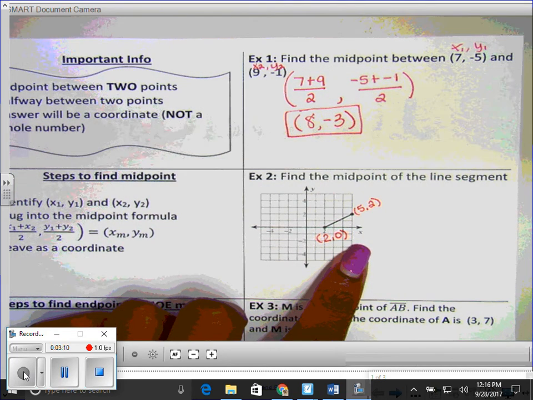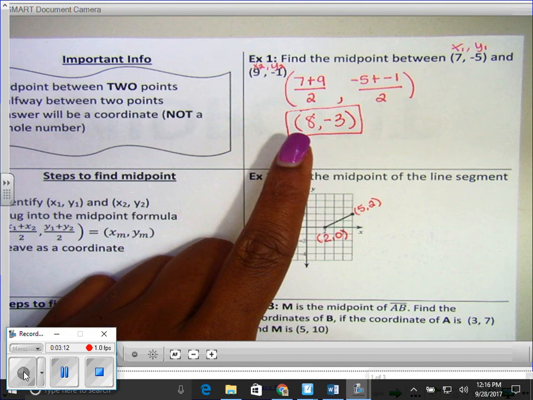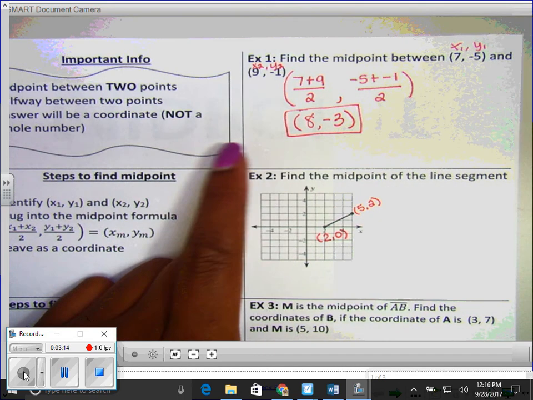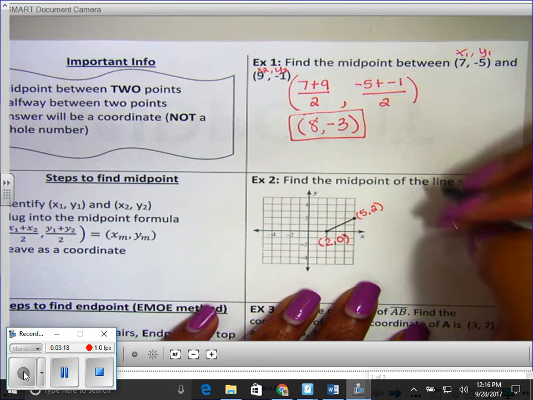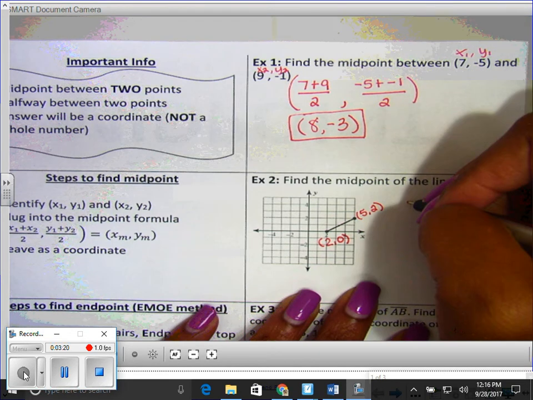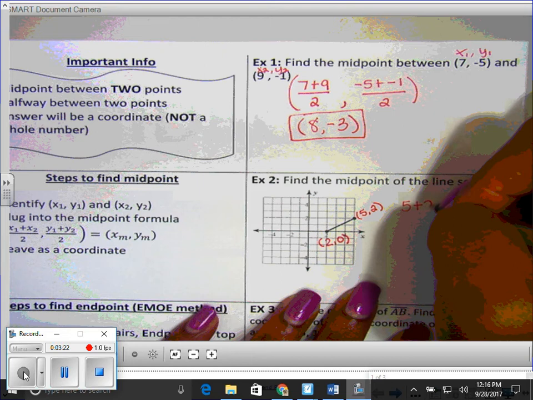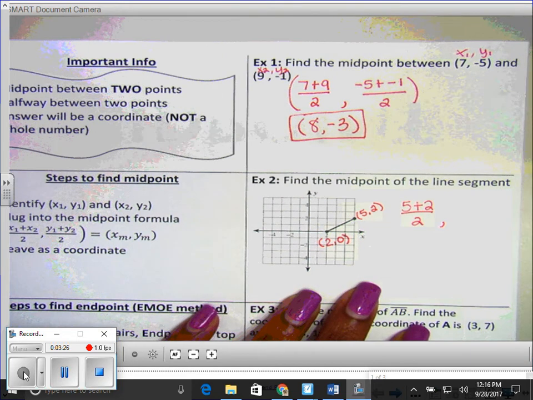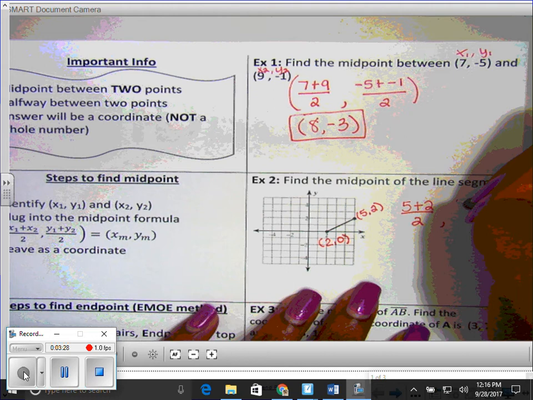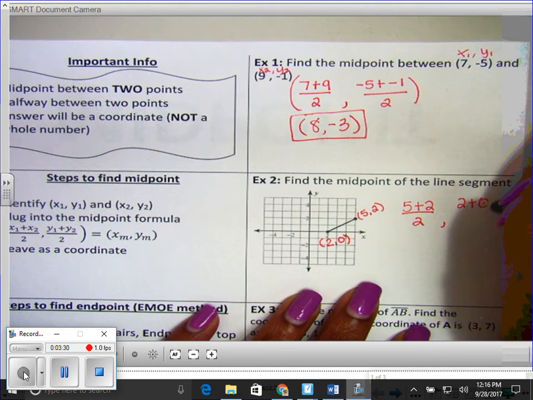And so now once we have the ordered pair, we can do exactly what we did up in example 1. We're going to add the x values. So what are the x values? They're 5 and 2. So we get (5 + 2) divided by 2. Then what are the y values we need to add together? 2 and 0. So (2 + 0) divided by 2.